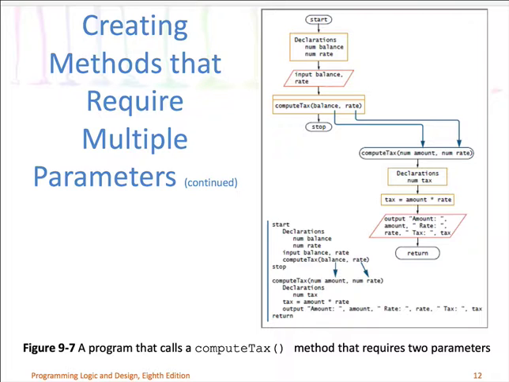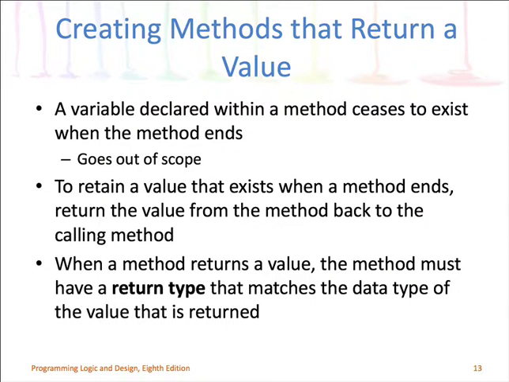If there happened not to be, then we would go and look for global variables named rate. So down at the bottom we have a pseudocode representation of the same thing as well. That is declaring compute tax and calling or accessing or invoking compute tax in a main program.